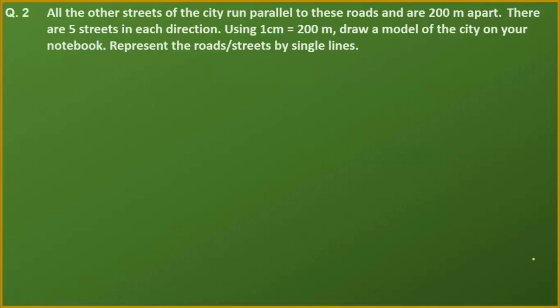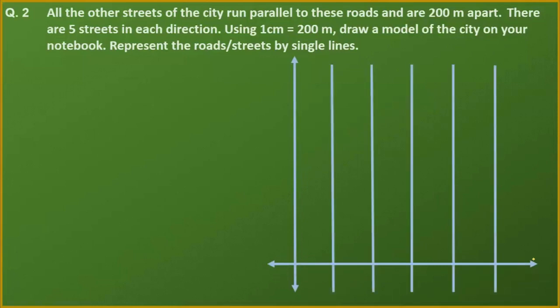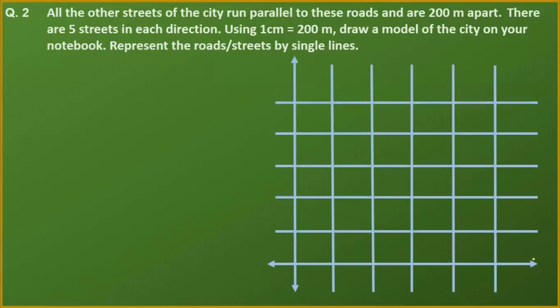Represent the roads and streets by single lines. So for example, if I draw these two lines, first of all, these two lines describe the two main roads. One is vertical, going in the north and south direction, and the second one is the east and west direction, that is horizontal. Now along with this, if I draw 5 vertical streets and 5 horizontal roads, I can say this can be the model as per the requirement.